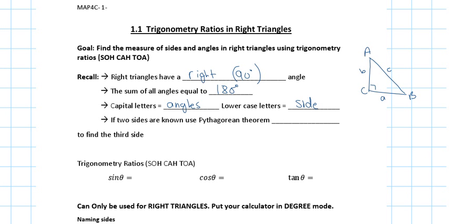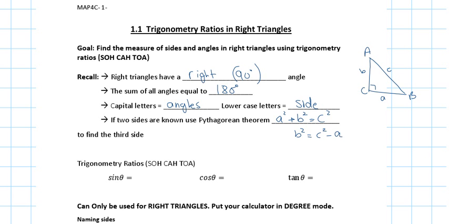If you know two sides and you're looking for the third side, what did we say on Friday we use? Pythagorean theorem, which is a squared plus b squared equals c squared. That's right. And c squared is your hypotenuse. So if you're looking for a side other than the hypotenuse, your formula changes a little bit: a squared equals c squared minus b squared. If you're looking for side b, it's b squared equals c squared minus a squared.